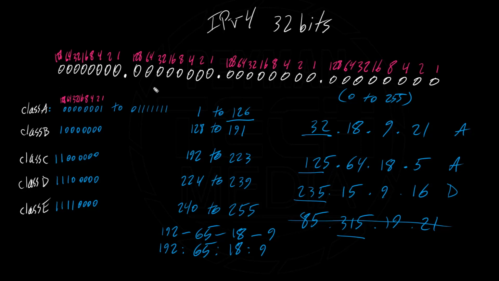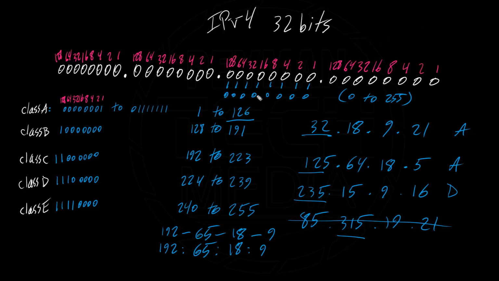For example, if I quickly show you, on a third octet, let's turn on all the bits and add 128 plus 64 plus 32 plus 16 plus 8 plus 4 plus 2 plus 1, that's 255. And if all of them are turned off, in binary, again, in the previous videos we talked about how to convert binary to decimal, and I highly encourage you to watch those.